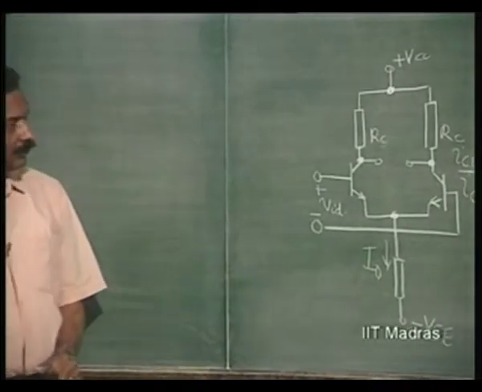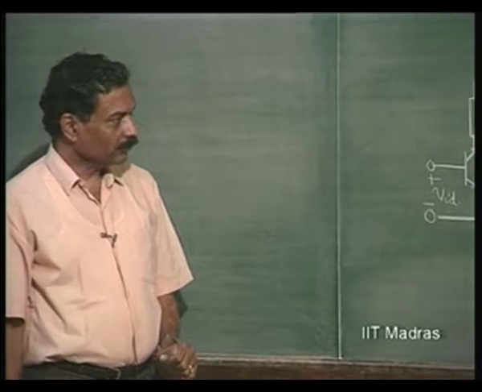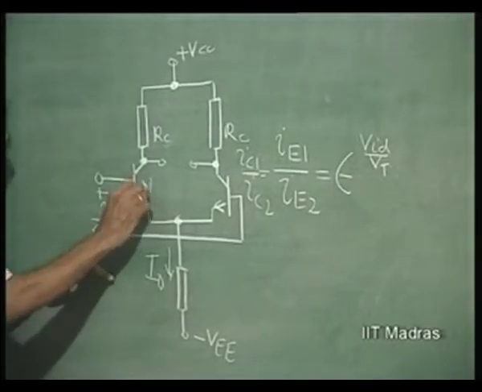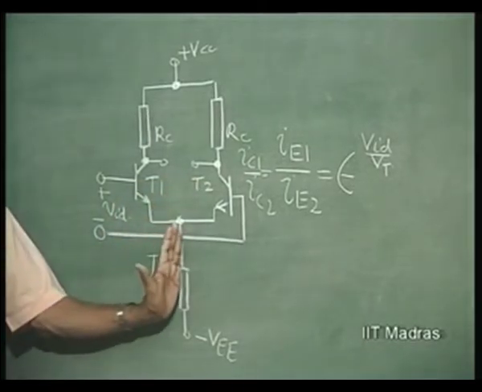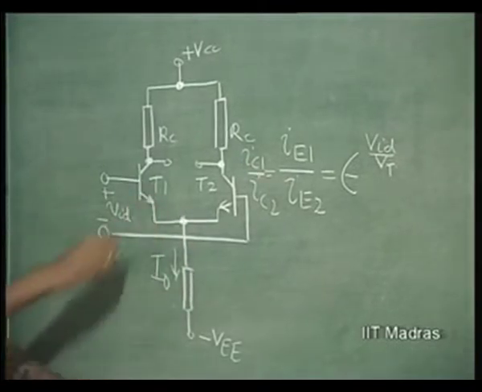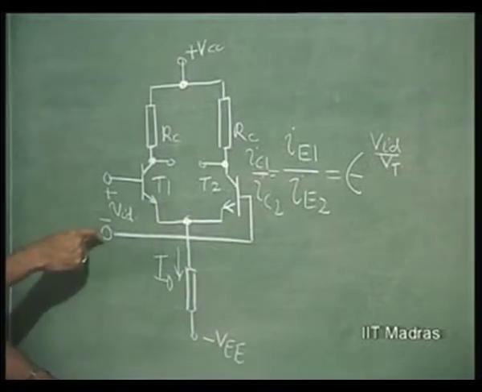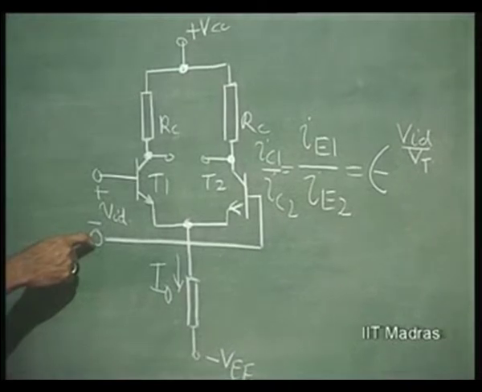Now, let us discuss once again how this VID can swing this current. A portion of this current is going to flow through this. Initially, this will be I naught by 2 and this will be I naught by 2, when VID is 0, if the two transistors are matched.